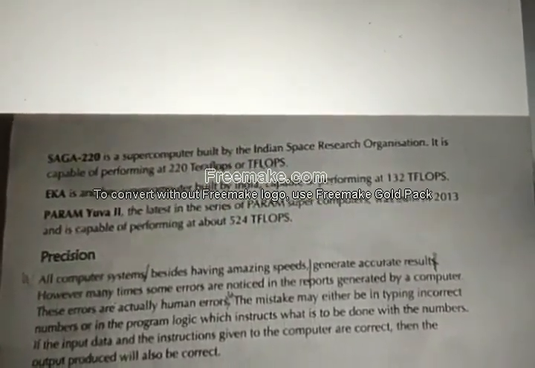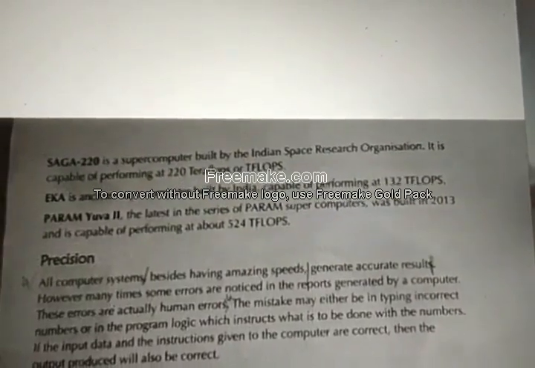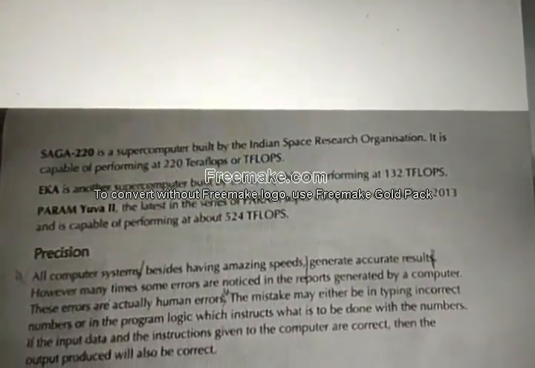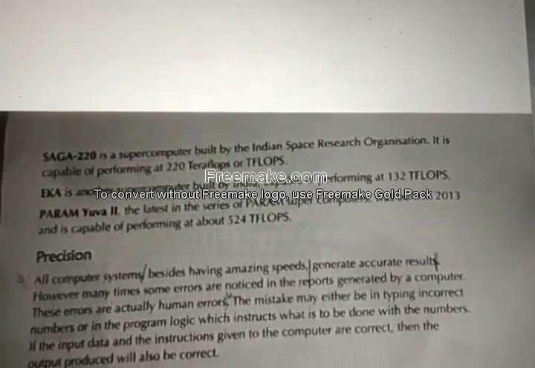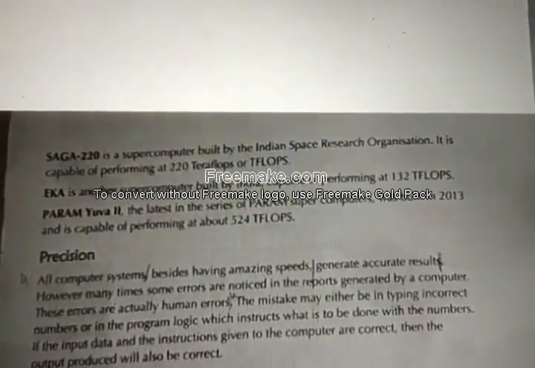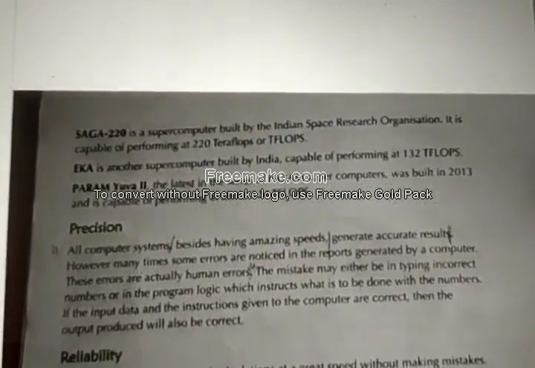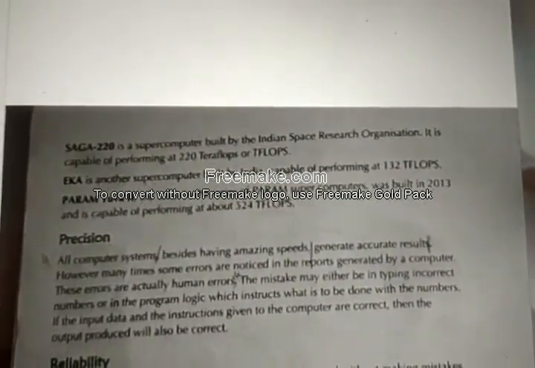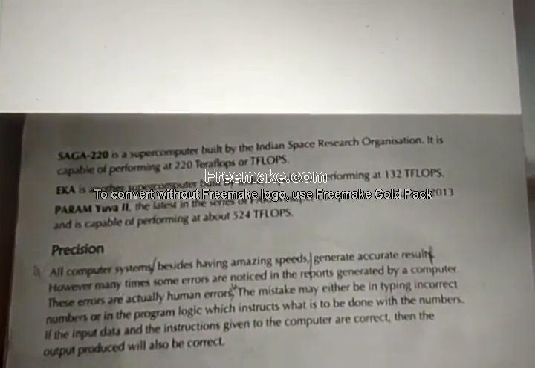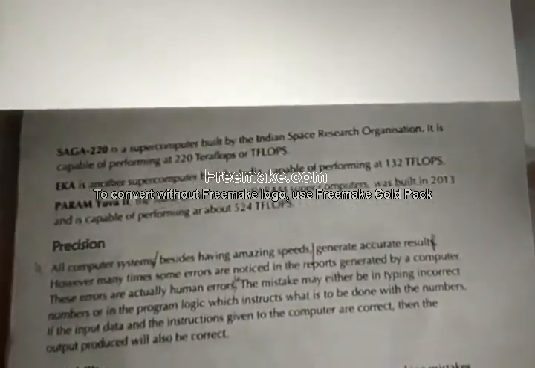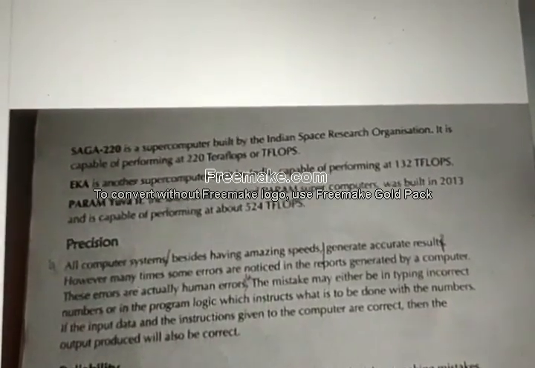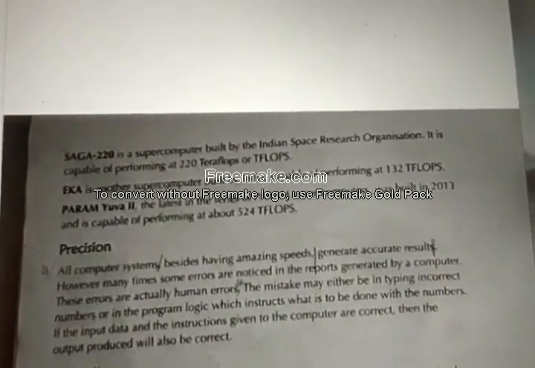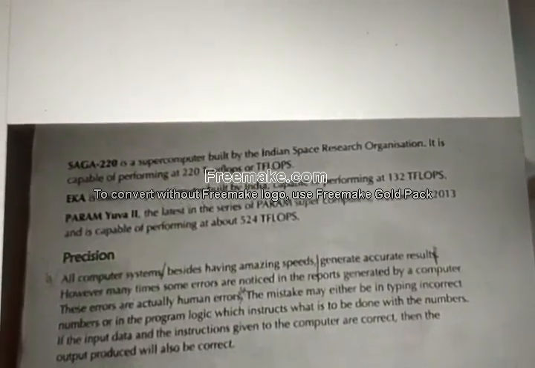They have built something called Param Yuva 2, which can run at the speed of 524 teraflops. So how many instructions can it read in a second? In a second it can read 524 billion instructions. Okay.